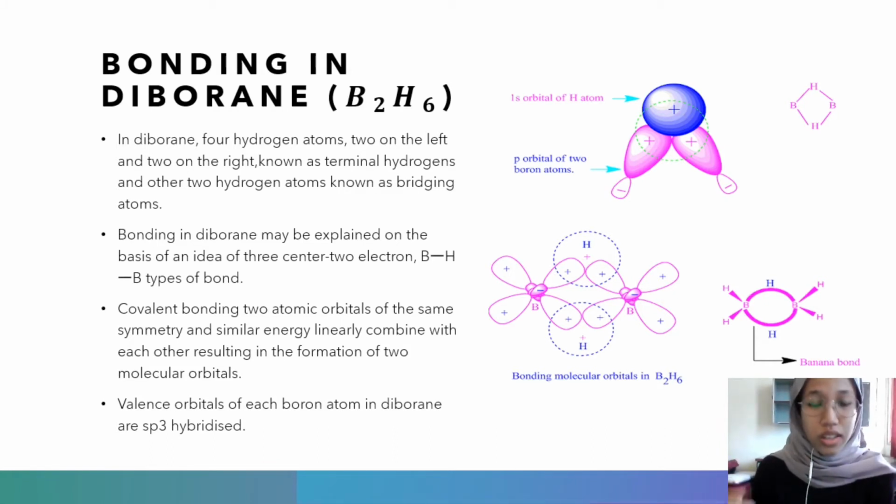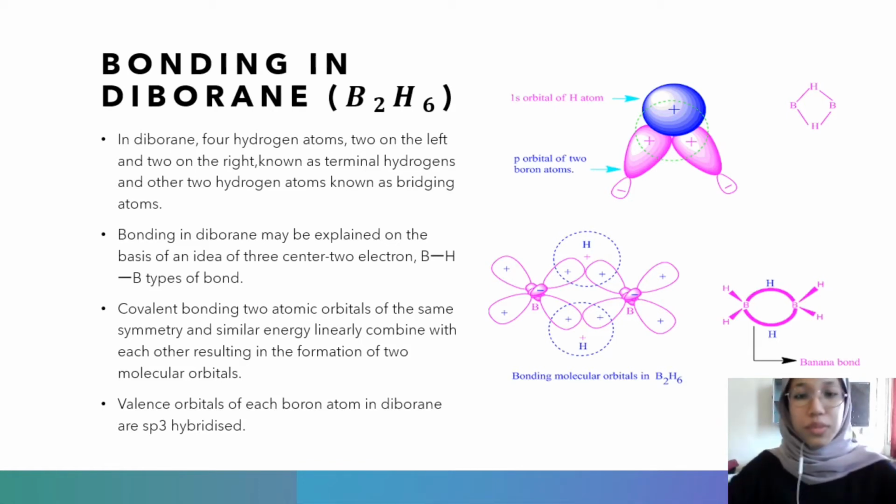Therefore, it is known as 3 center 2 electron because there are 3 atoms, boron, hydrogen and boron, sharing 2 electrons.